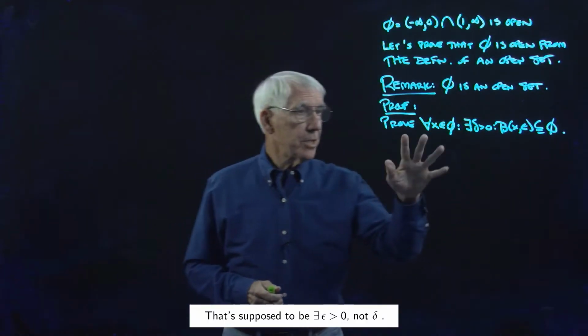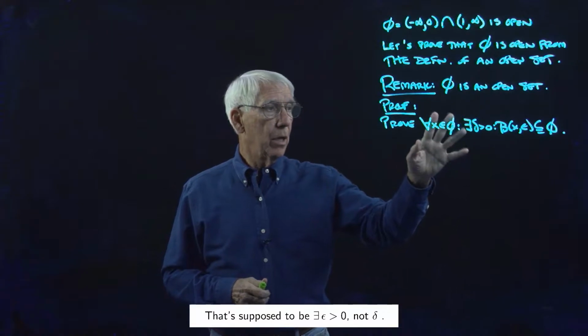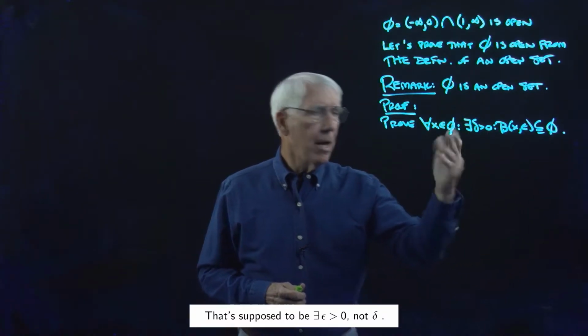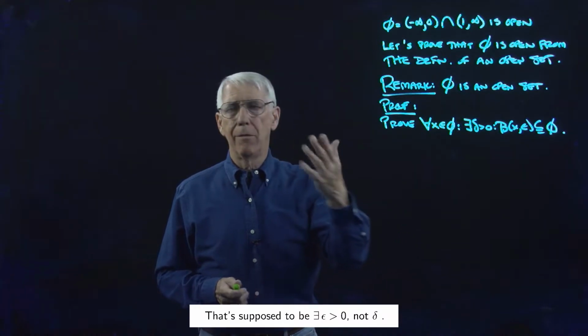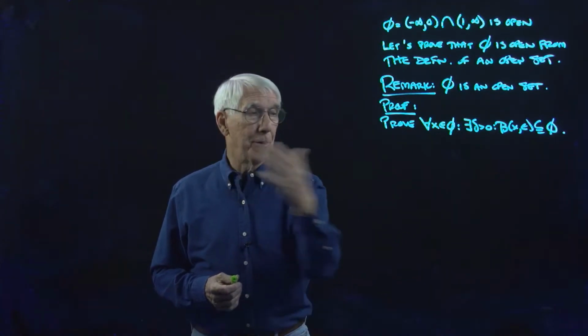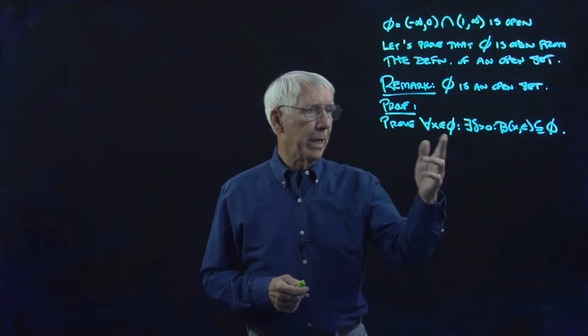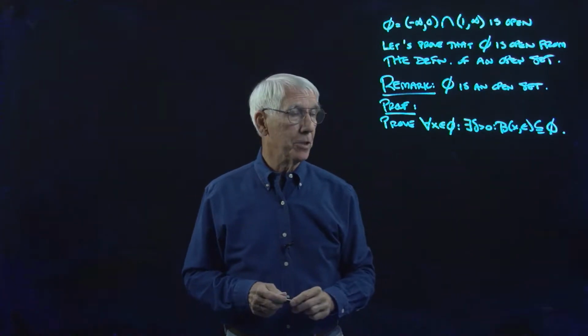So this is the definition of an open set with phi, the empty set, playing the role of whatever notation we used for the set. In that case, it might have been S.